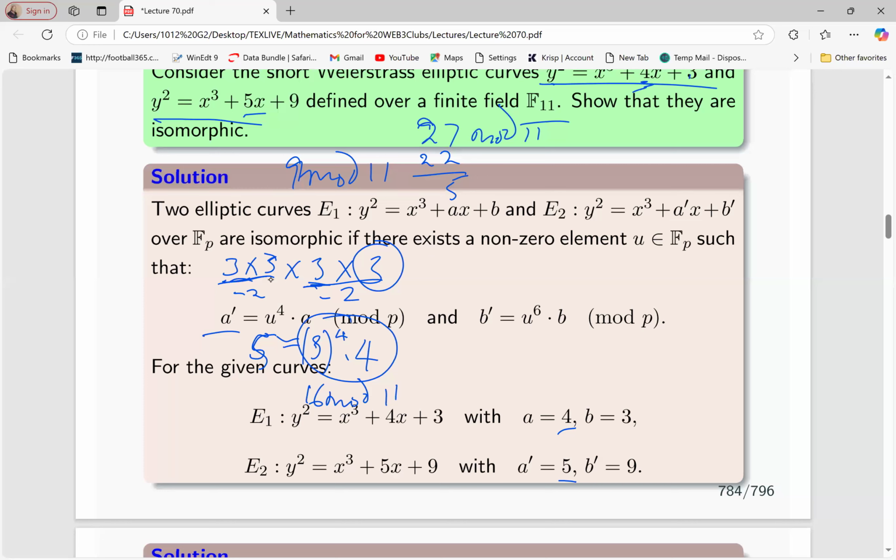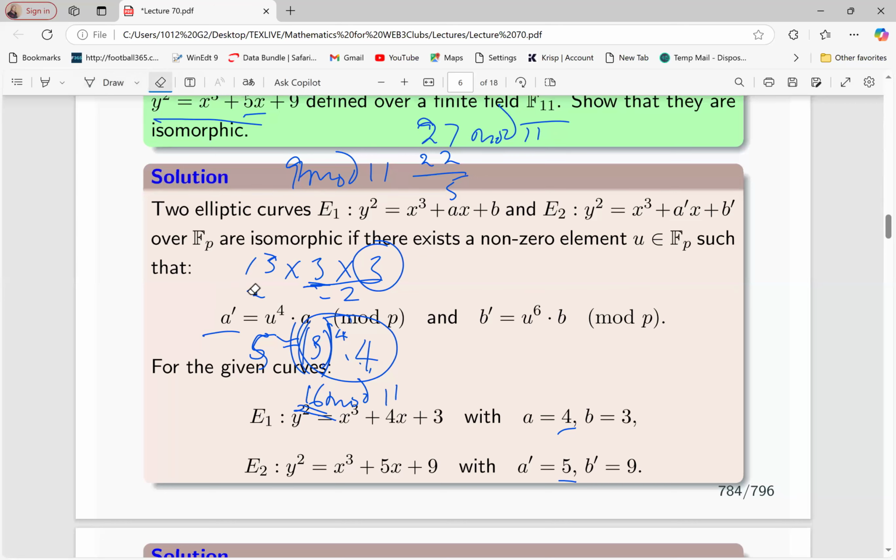So that means 3 raised to 4 is 4 mod 11. Then multiply that 4 by this 4. That gives you again the same 16 mod 11, which reduces to 5. So I'm just verifying that the 3 that I chose was correct.